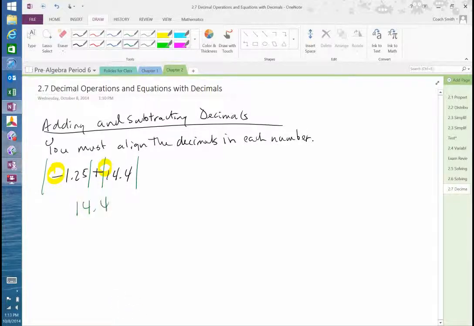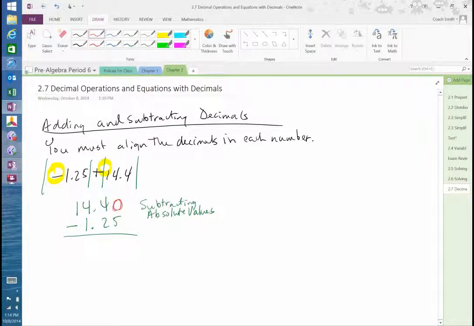The absolute value of 14.4 is 14.4. The absolute value of negative 1.25 is 1.25. And we're going to line up the decimals, and we're going to subtract absolute values. So 14.4 minus 1.25. Well, I need to add a 0 here at the end before I start subtracting.